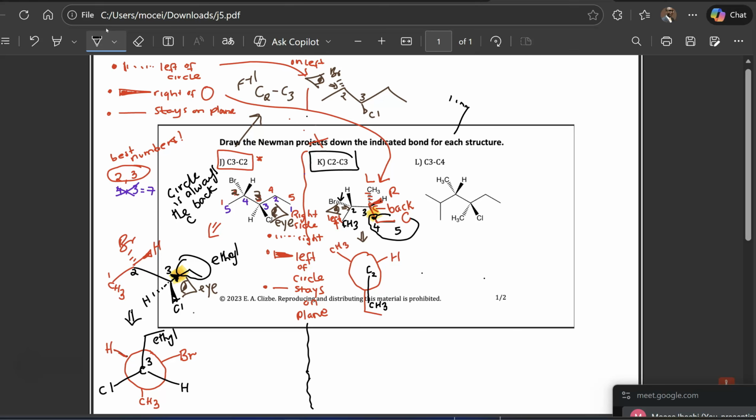The methyl's going this way. If you draw a line, the Br is really going up. It's a peace sign. We're going to just draw it right over then. Yeah, don't force things. Just draw what you're given. Okay. And I believe that's where your problem was then.